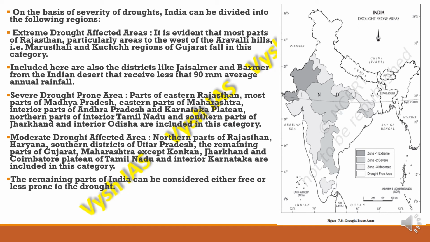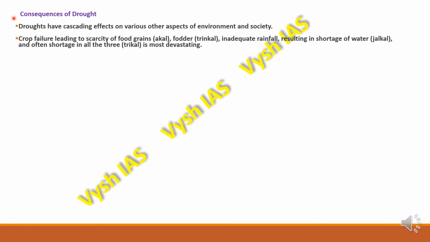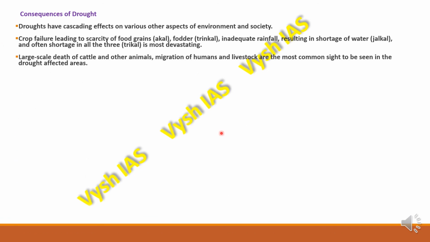Then we have the remaining parts of India, which can be considered either drought free or less prone to droughts. Consequences of droughts: they have a very cascading effect on various aspects of environment and society. Crop failure will lead to scarcity of food grains, which is called akal, and then fodder, thrinkal, and inadequate rainfall will result in the shortage of water, jalkal.